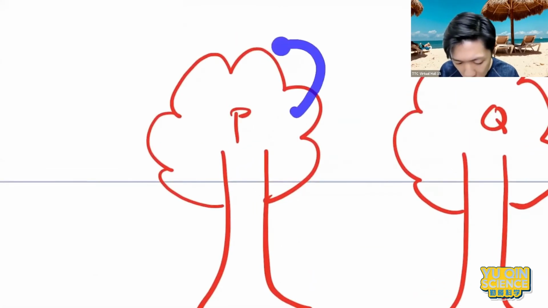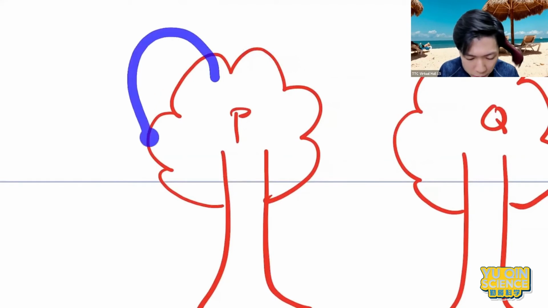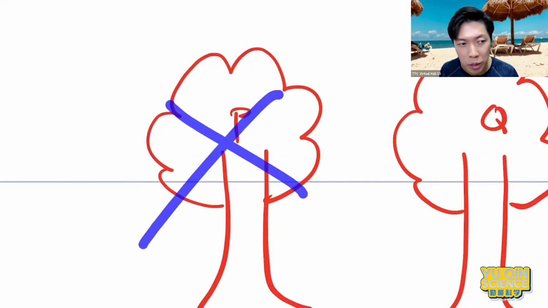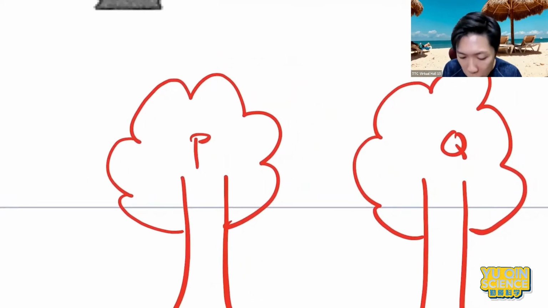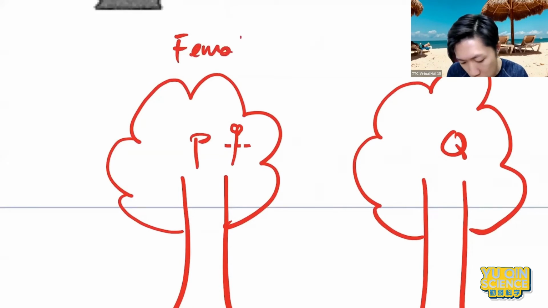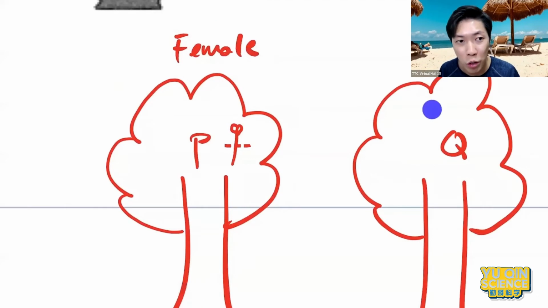I don't want P self-pollinating P. So to make this whole situation come together, I have to cut off the anther of P so that the whole P becomes a female tree. How does a female tree get pregnant? The only way is to wait for Q to come over, maybe by the bees or whatever. You all get the idea?